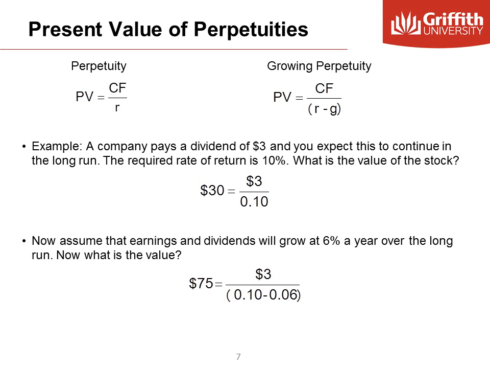We apply the growing perpetuity formula and we find the value of those shares to be $75. In the next module, we will use these formulas again in share valuation.